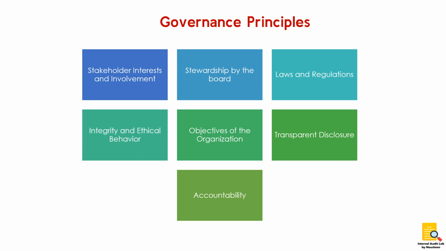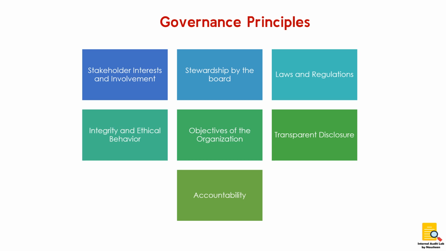Number 4, integrity and ethical behavior. Ethical behavior requires organizations to act in ways consistent with what society and stakeholders typically consider to be fair and honest. So the board should support the establishment of an ethical culture and standards in the organization and monitor the conformance with these standards.